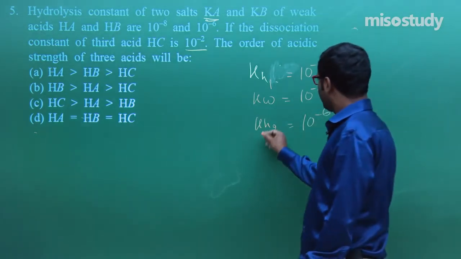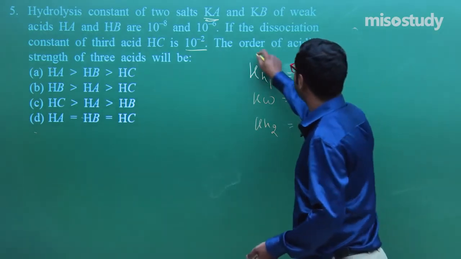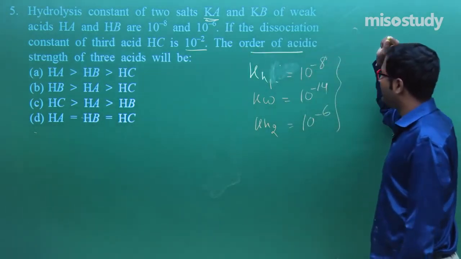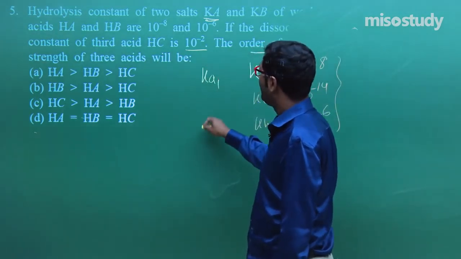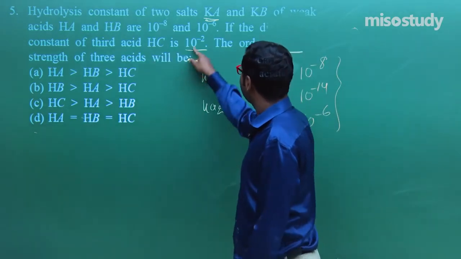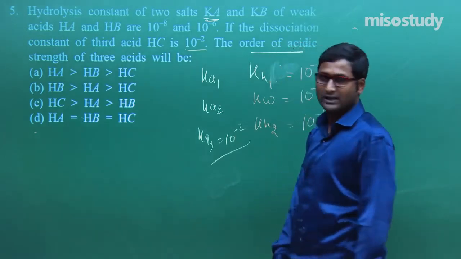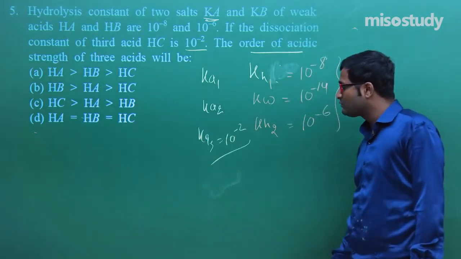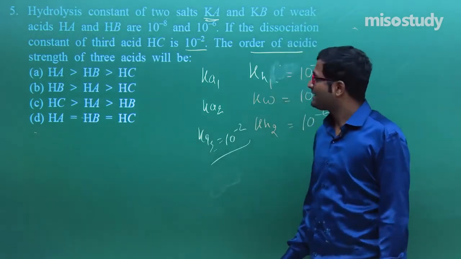Clear? We have to compare the acidic strength, so we need to find Ka1 for HA, Ka2 for HB, and for HC Ka3 is given as 10 to the power minus 2. That means the higher the value of Ka, the higher the acidic strength.